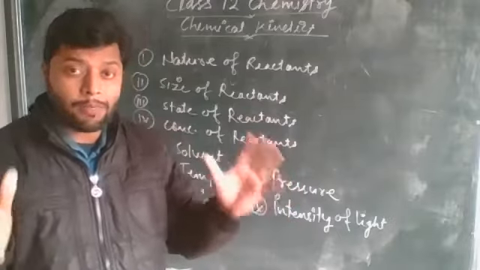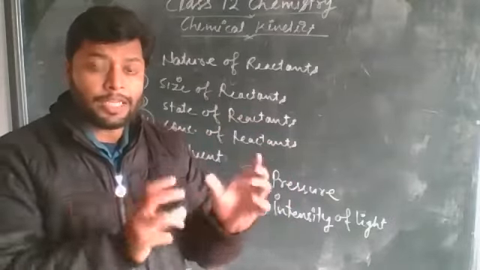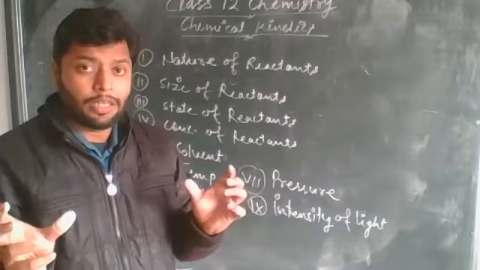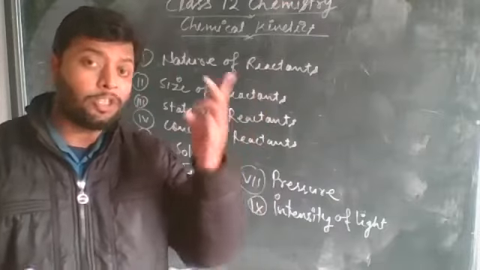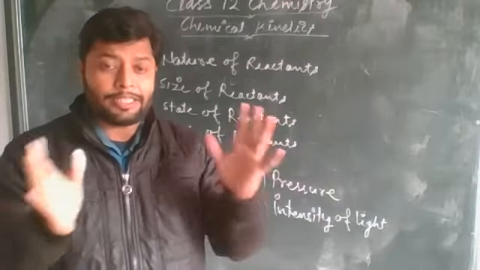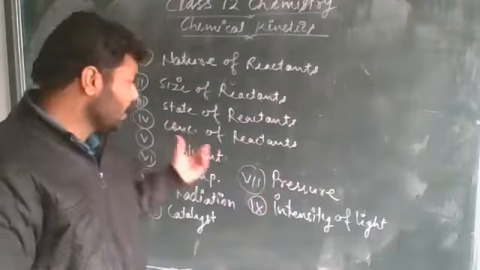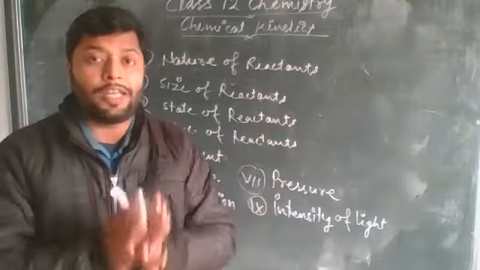Maxwell-Boltzmann gave experimental data relating concentration, average velocity, root mean square velocity, most probable velocity, and temperature, and these data together show how temperature is very supportive of the frequency of collision.